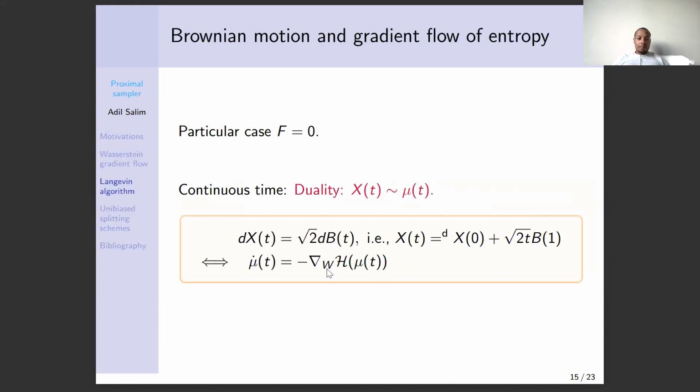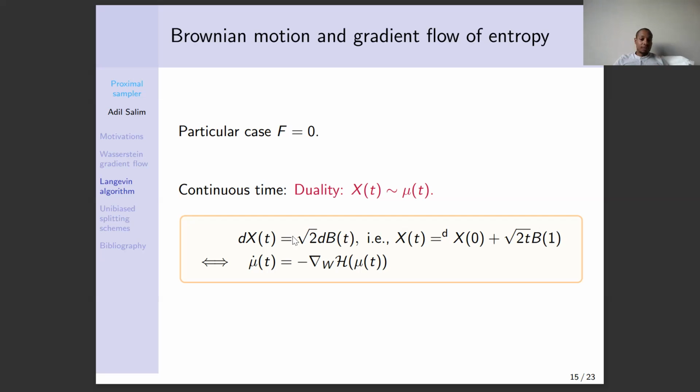Now I'd like to take a particular case of the Langevin equation, where f is equal to 0. In that case, the Langevin diffusion is just dX_t equal to square root of 2 dB_t. So basically, X_t is equal in distribution to X_0 plus square root of 2t B_1, where B_1 is just a standard Gaussian vector.